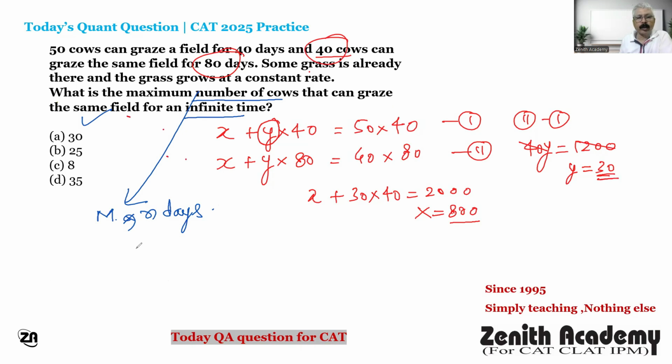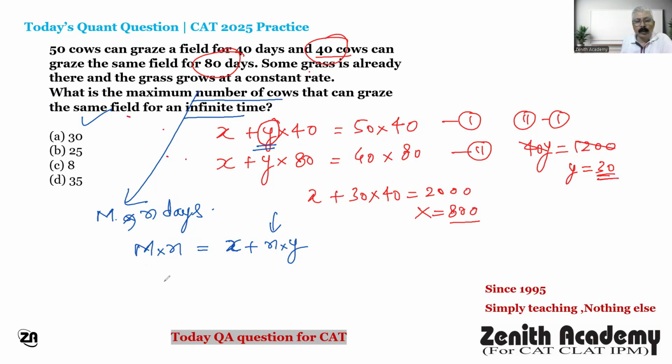So for m cows, the total requirement is m into n. And here x plus the amount of grass grown in n days is n into y, because I took y as the units of grass grown daily. So in n days, total grass grown is n into y, and x is the amount of grass already present in the field.